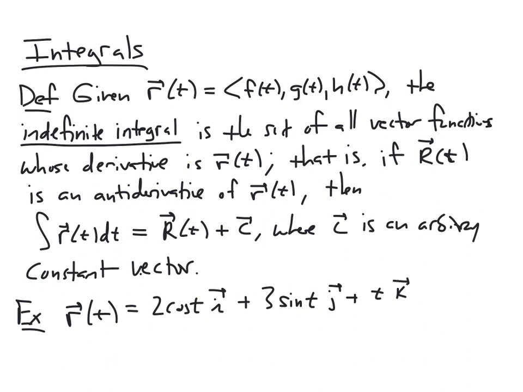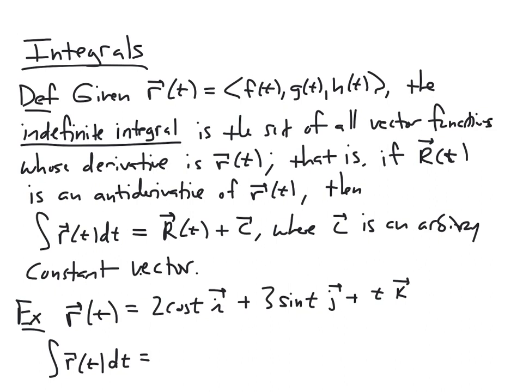And I want to compute the indefinite integral of this function, so I want all of the antiderivatives of this vector. To do this, all we need to do is find an antiderivative of each of these components, because remember, the derivative of a vector is the derivative of each component. And so we just have to antidifferentiate each component.